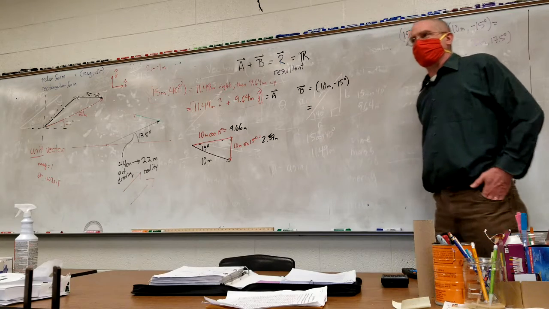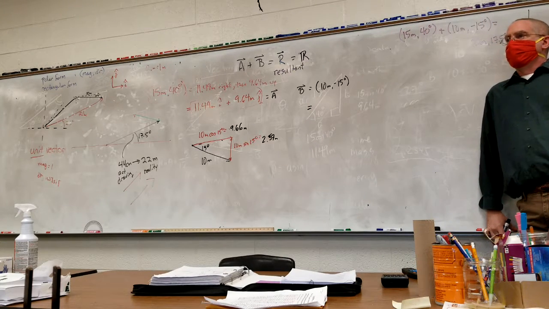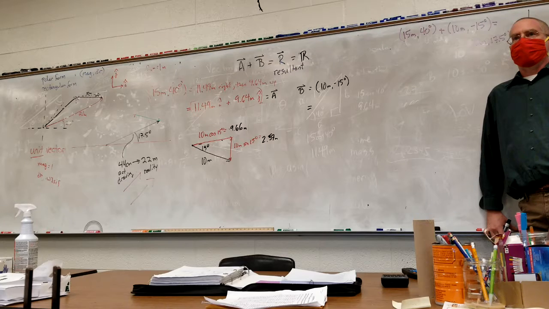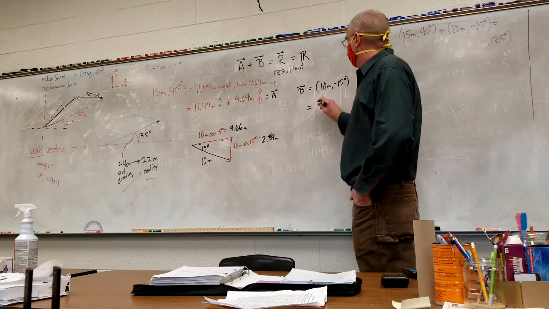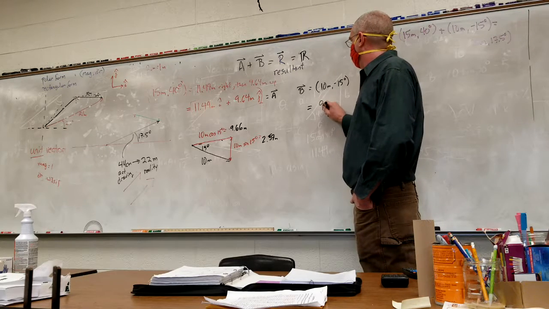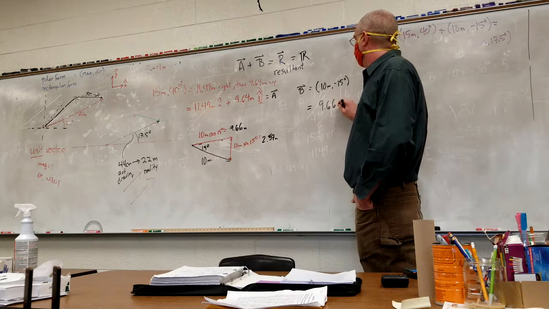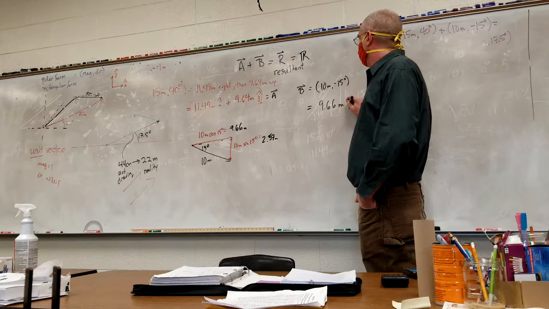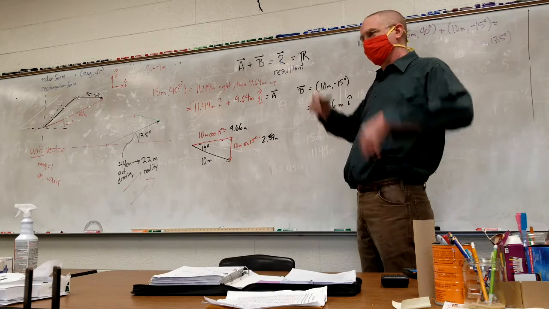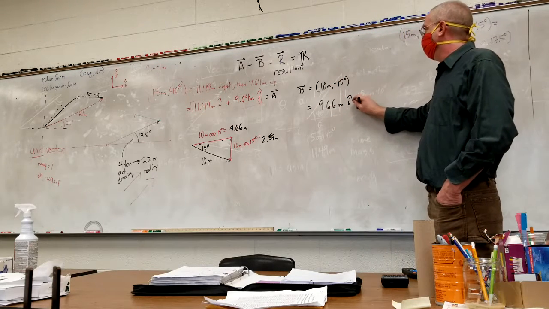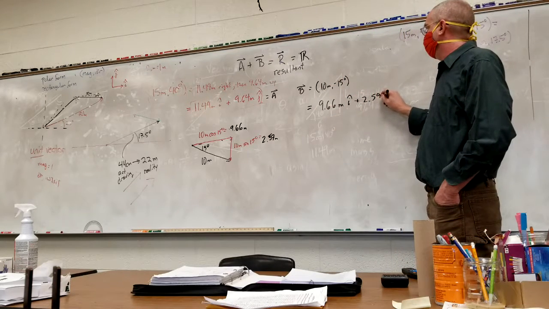In rectangular form it would be 9.66 meters i hat plus 2.59 meters j hat.